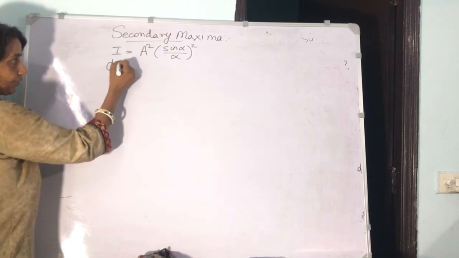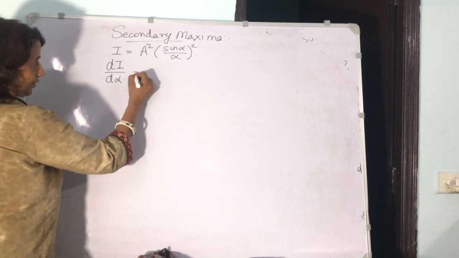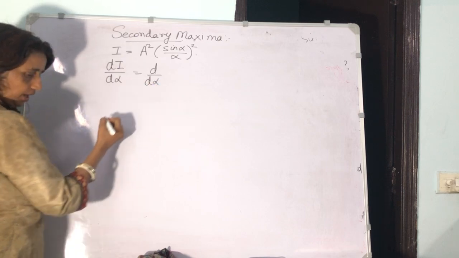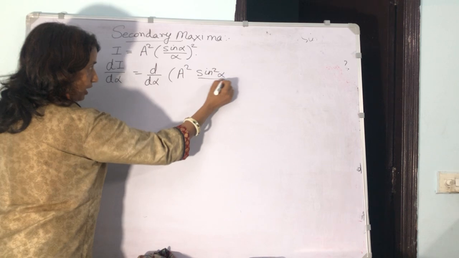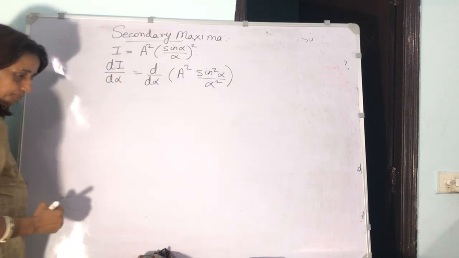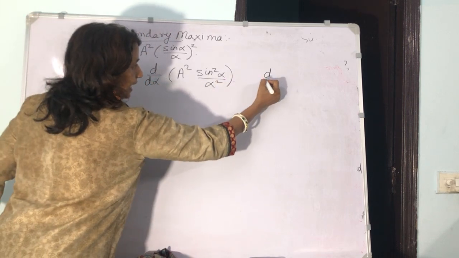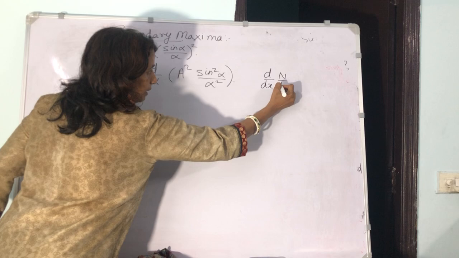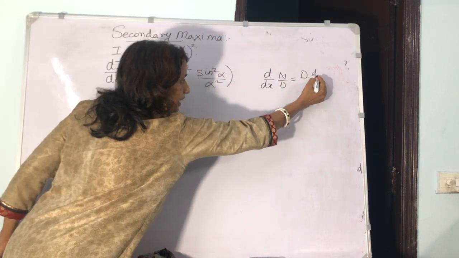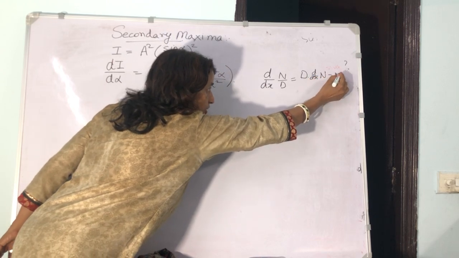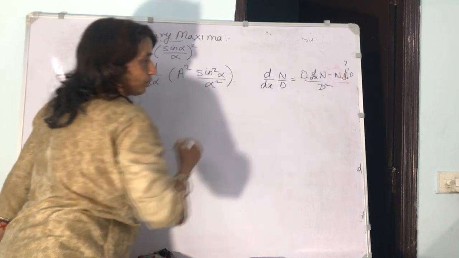So we will differentiate this expression with respect to alpha: d by d alpha of A square sine square alpha upon alpha square. And we know the formula that d by dx of numerator upon denominator is equal to denominator into d by dx of numerator minus numerator into d by dx of denominator, divided by denominator square.